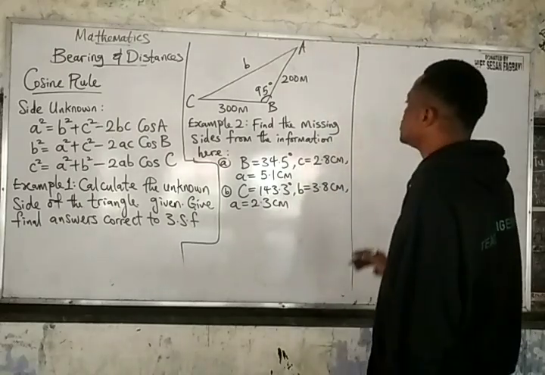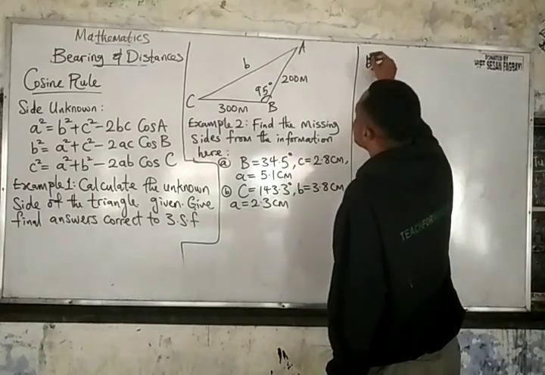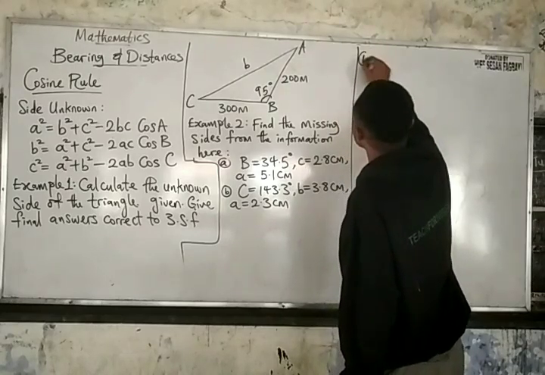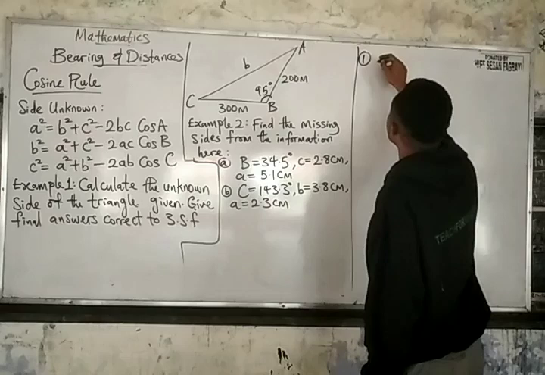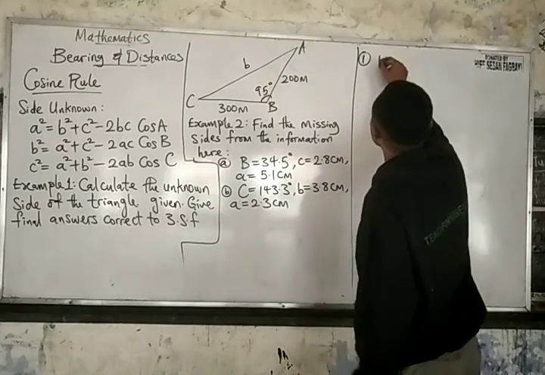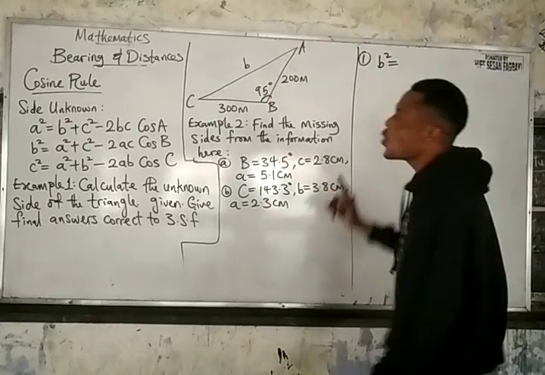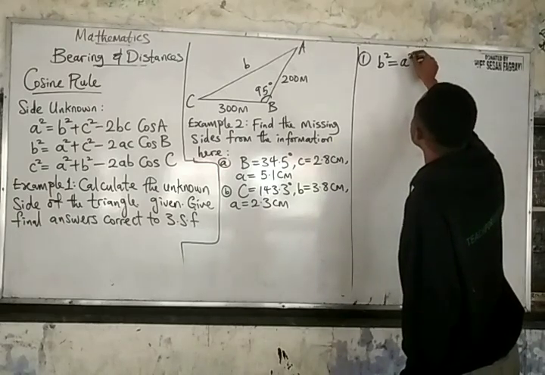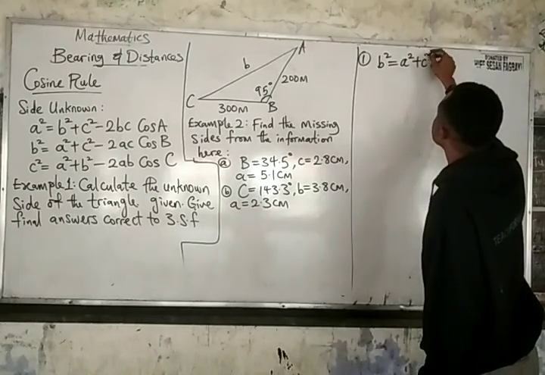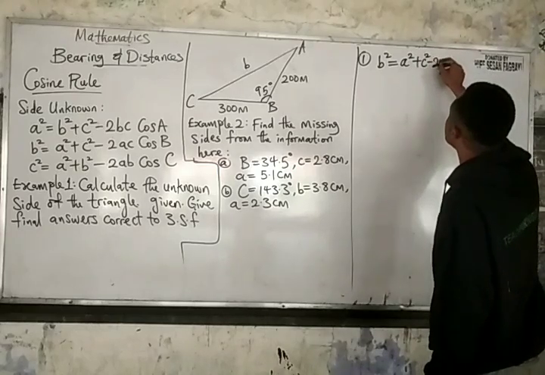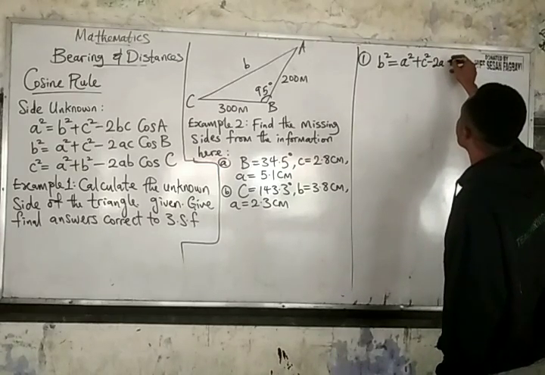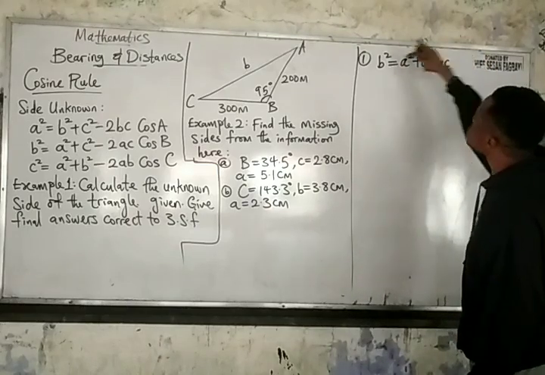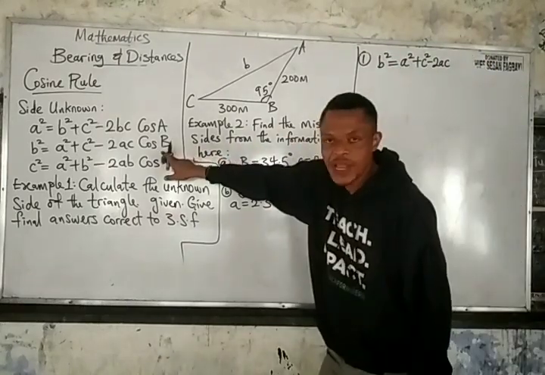Let's have the solution here. Okay, for question 1, we have B squared equal to the two sides, A squared plus C squared, minus 2 multiplied by A multiplied by C, then cos B. That is how the formula is given here.